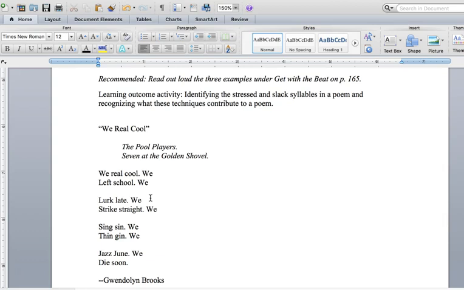But they're also young men, and maybe they're not entirely sure of the strength of this identity, and so it's simultaneously emphasized and slightly undermined by the pauses in the poem. She embeds pauses with the use of the period midline, and even though this is a run-on line, there's a slight pause after the word we each time. And that pause is emphasized even more by the space between the stanzas.